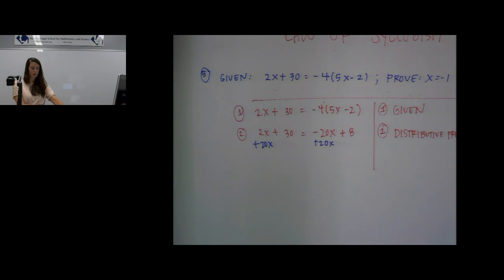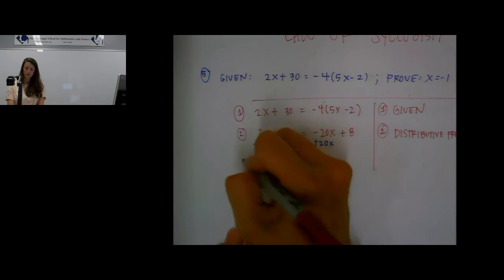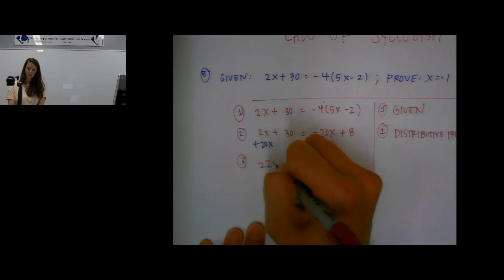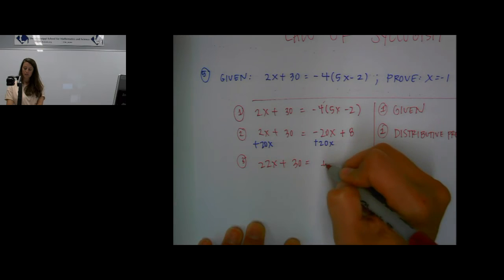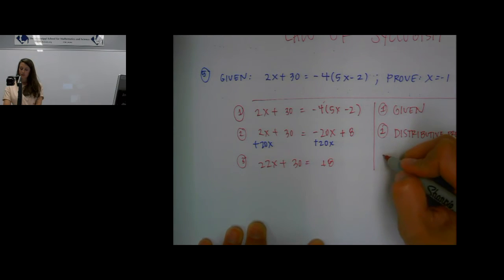When I add that 20x, I get 22x plus 30 is equal to a positive 8. That is by the addition property.